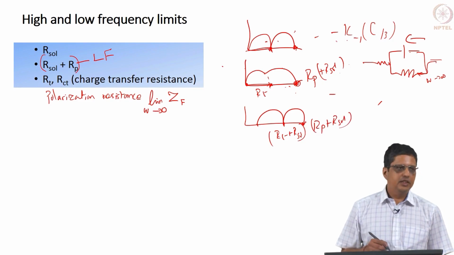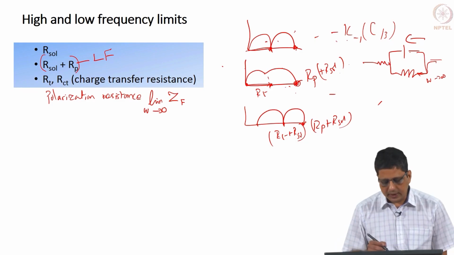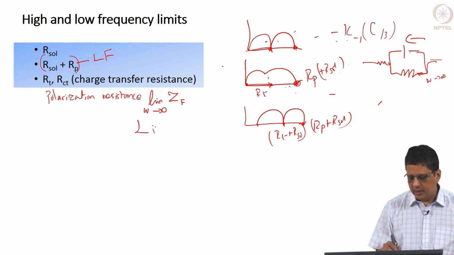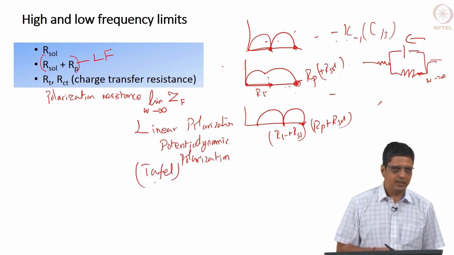Charge transfer resistance, you can get it only via impedance measurement, you will not get it using other techniques such as linear polarization or potentiodynamic polarization, which is often analyzed using a particular type of analysis called Tafel analysis or Tafel extrapolation.